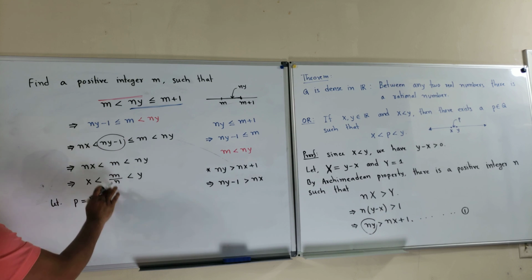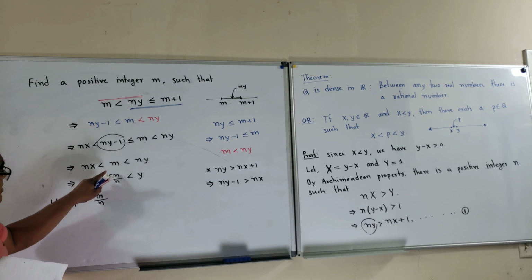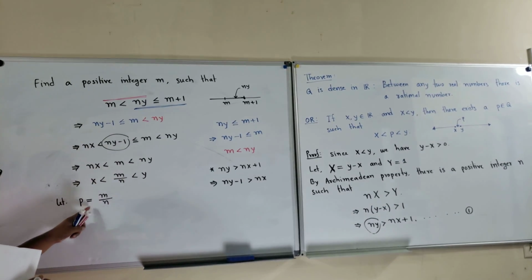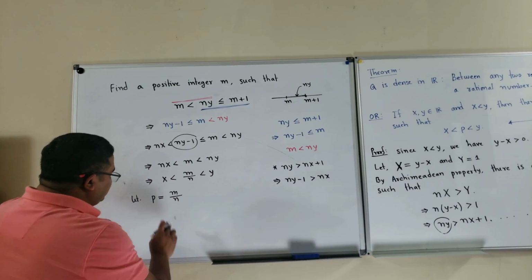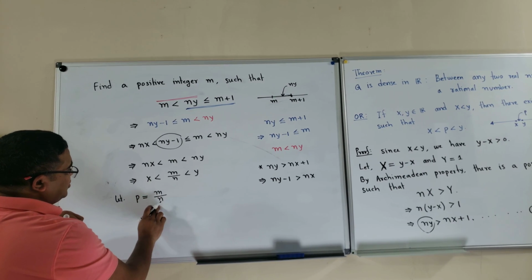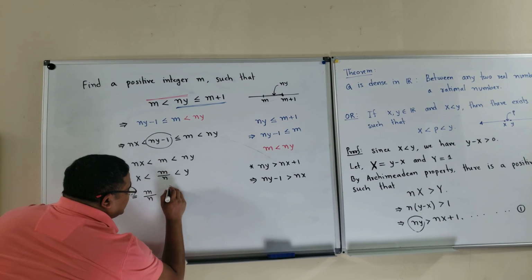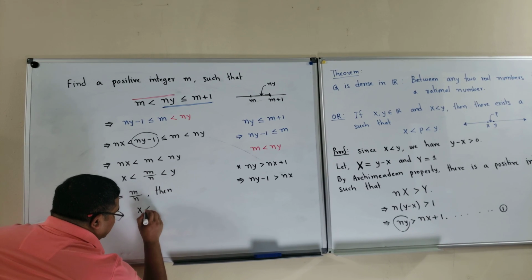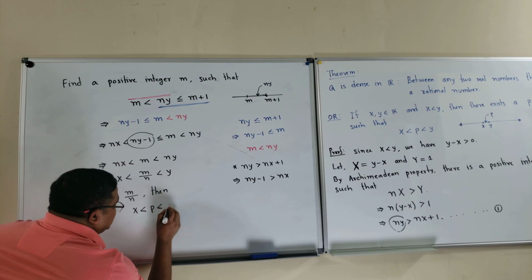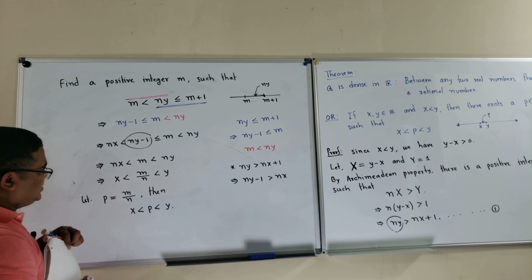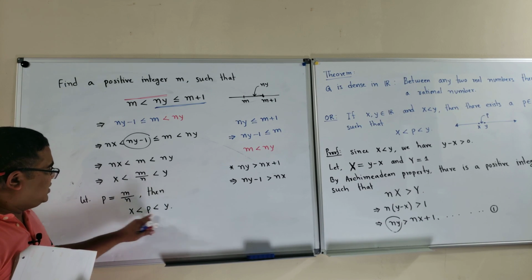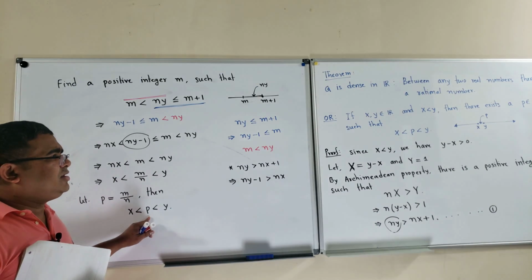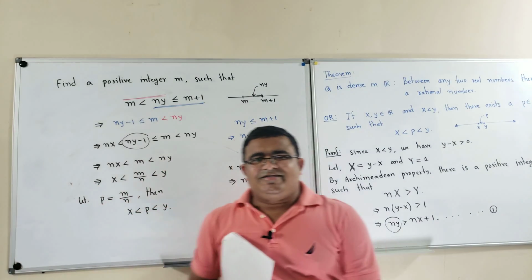This is a rational number, because m is an integer and n is also an integer. So if we assume p equals m over n, then x less than p less than y. That means between any two real numbers there always exists a rational number. Okay, that's it. Thanks for watching.